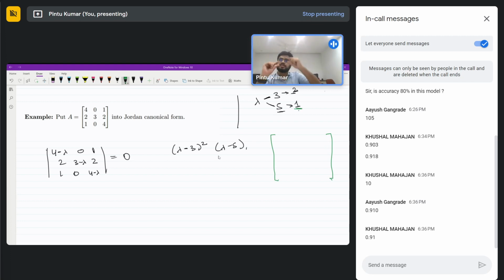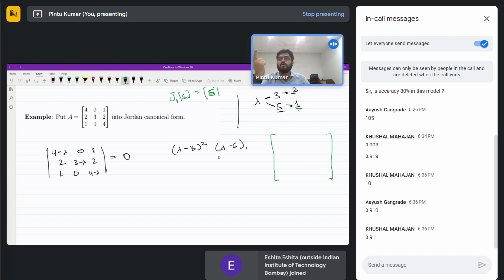So what would be the Jordan block of size 1 for 5? Because there is only one element, we will only have 5 at the diagonal element, with the 1 on the super diagonal not appearing. So the first Jordan block would have 5 over here.